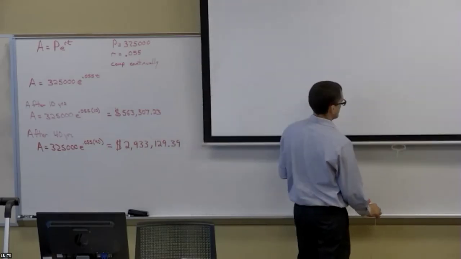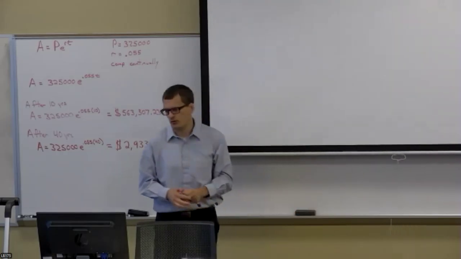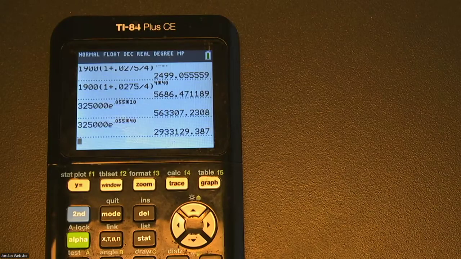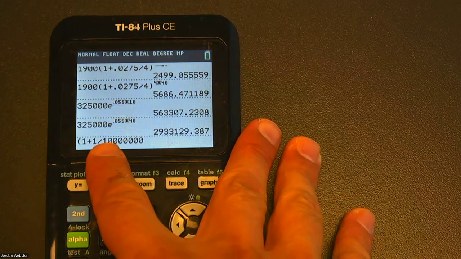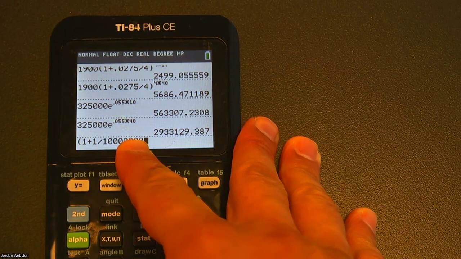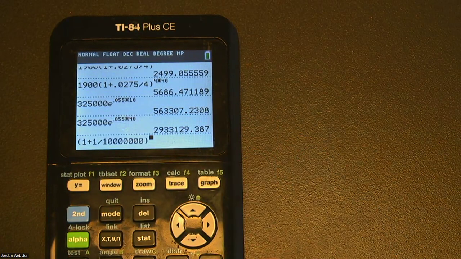In Calc 1, you see limit notation. I'm not writing limit notation here, but I can just show you what's going on. 1 plus 1 over, let's put in, I got 7 zeros there.